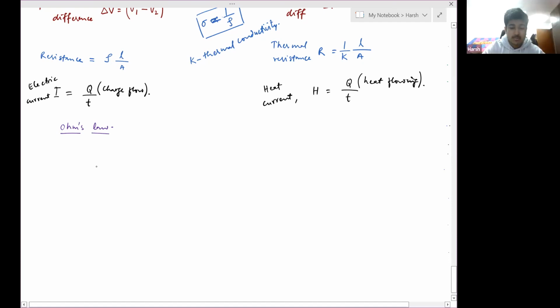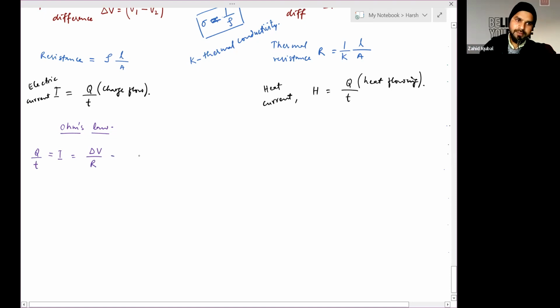So we may write V equals I into R, so I equals voltage divided by resistance. I is nothing but charge flowing per unit time, which equals potential difference by resistance. Resistance is rho L by A. In terms of sigma, it will be sigma A delta V divided by L.